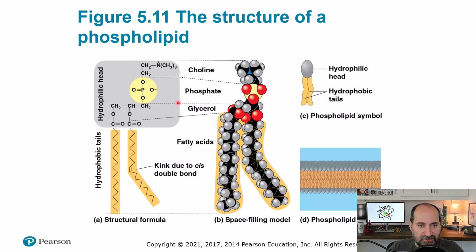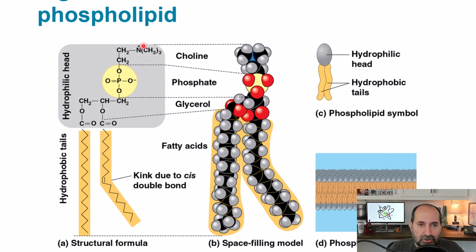Now I want to show you something. This head piece is called the hydrophilic head. What does hydrophilic mean? That means mixes with water. Water can interact with this head, apparently. And why do you think water can associate with the head? Do you see these charges here?